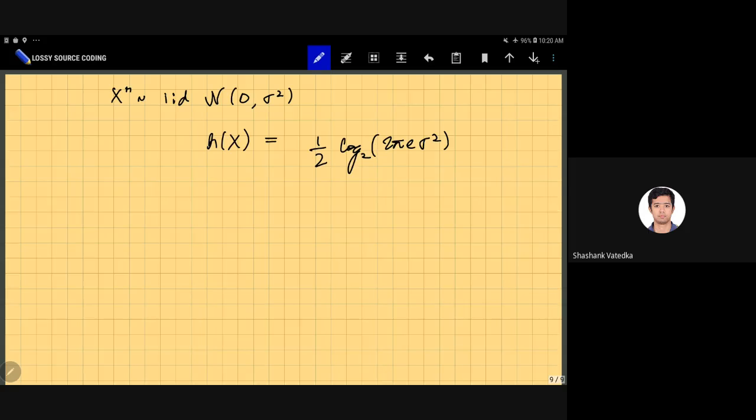Another useful property is that among all random variables with mean 0 and variance sigma square, the Gaussian maximizes the entropy, maximum over all possible fx with mean 0 and variance sigma square.